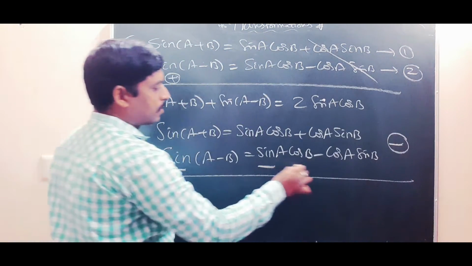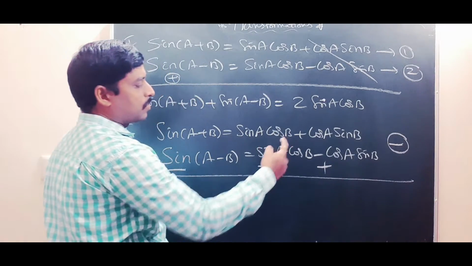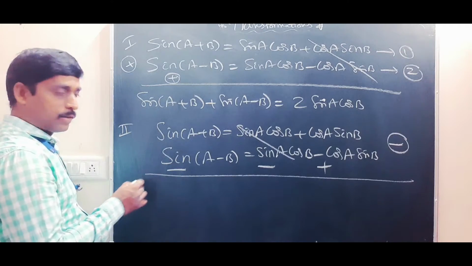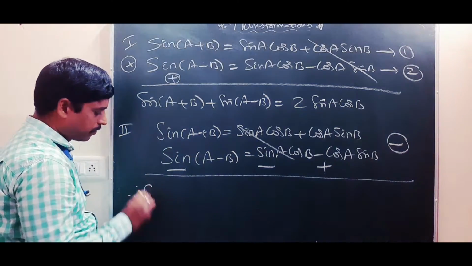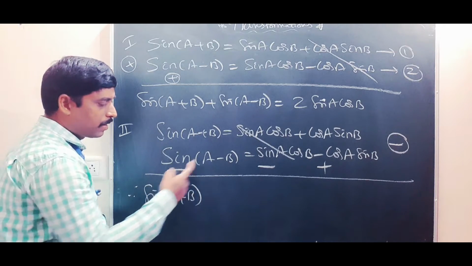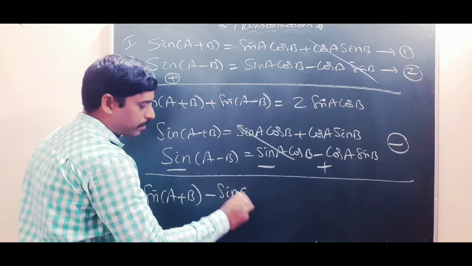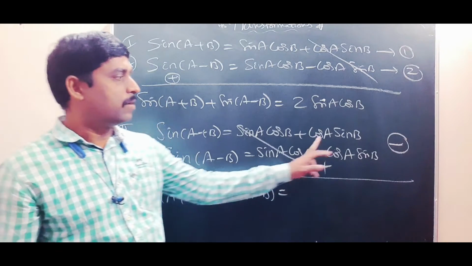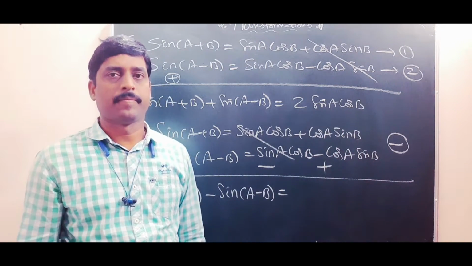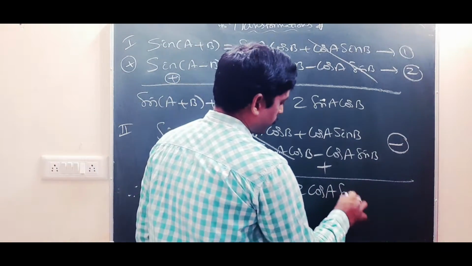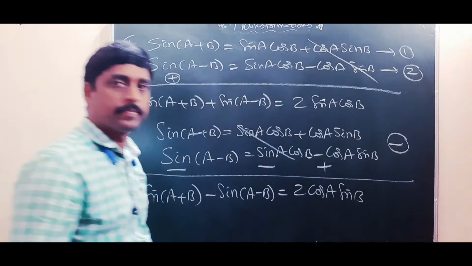Sin A cos B minus sin A cos B gets cancelled. What we get? Sin(A+B) - sin(A-B) is going to be cos A sin B + cos A sin B, 2 cos A sin B. Okay.